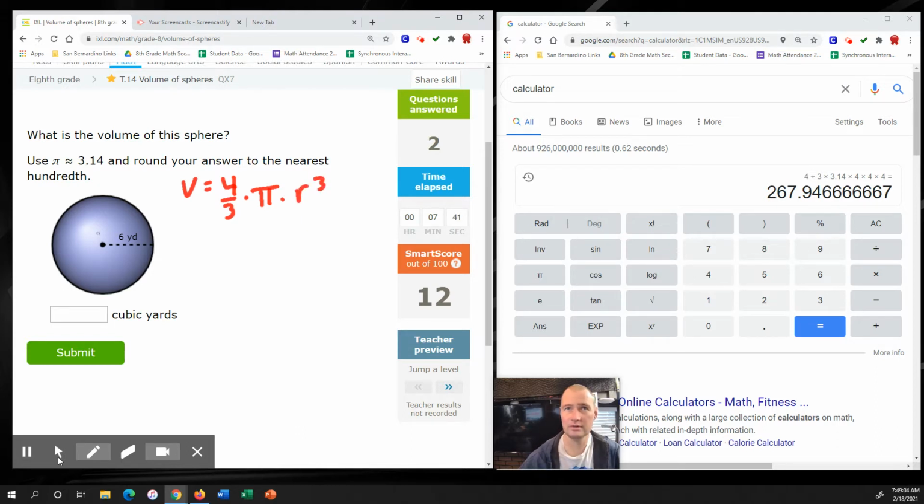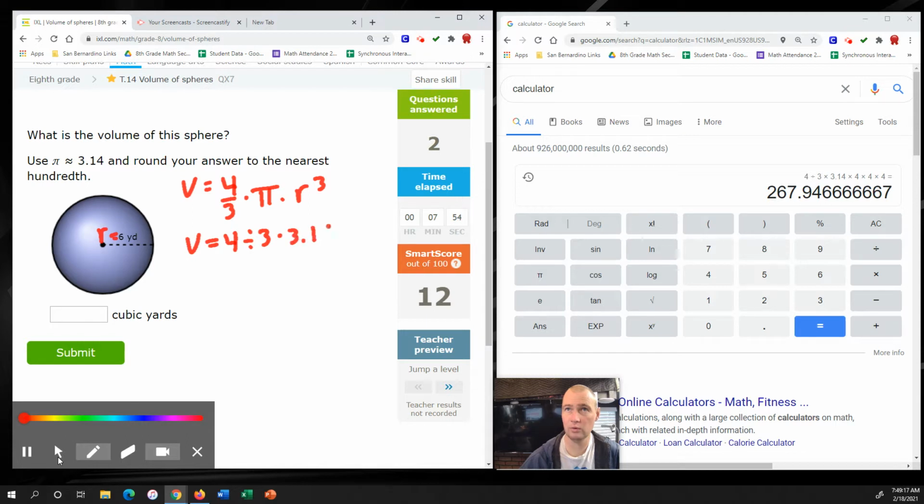And just plug in the radius. Radius is the only thing that's on here. Radius is 6. So I got volume equals 4 divided by 3 times 3.14 times 6, which is your radius, to the third power.